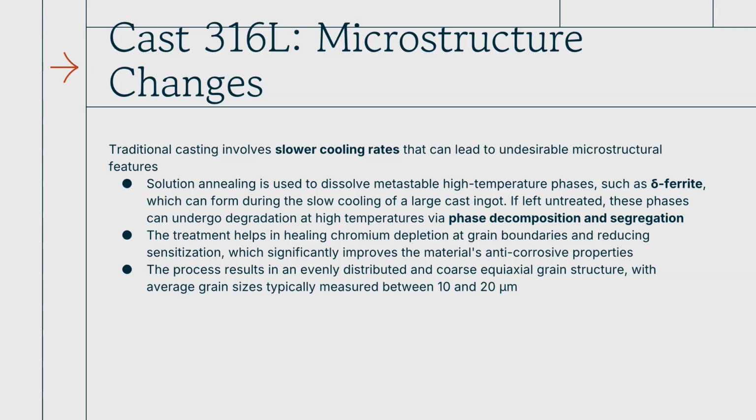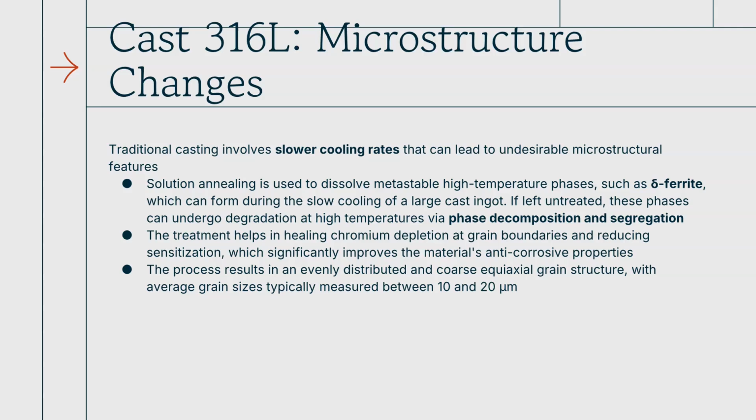Here are the microstructure changes of the cast 316L as it goes through production. The traditional casting method involves slower cooling rates that can lead to undesirable microstructural features. Solution annealing is used to dissolve metastable high-temperature phases such as ferrite, which can form during the slow cooling of a large cast ingot.